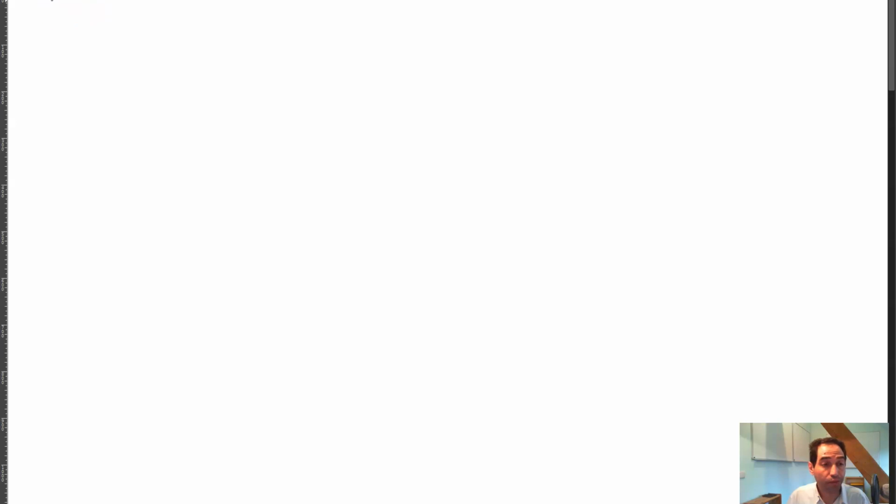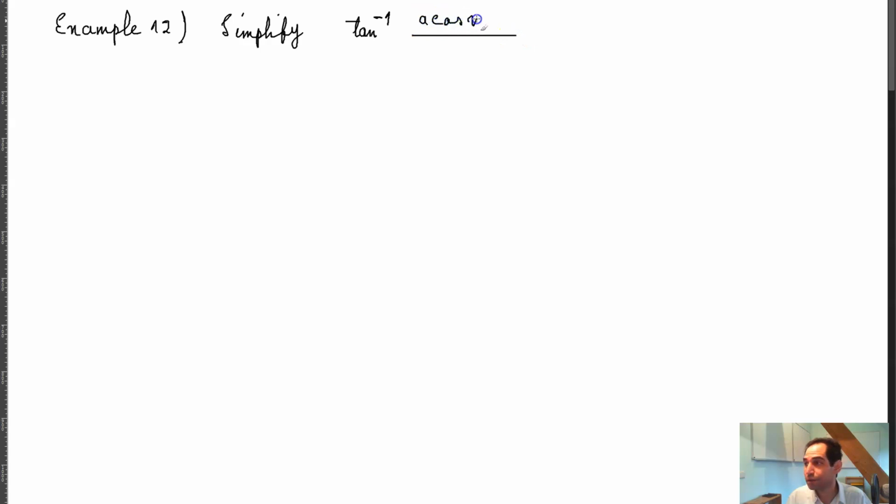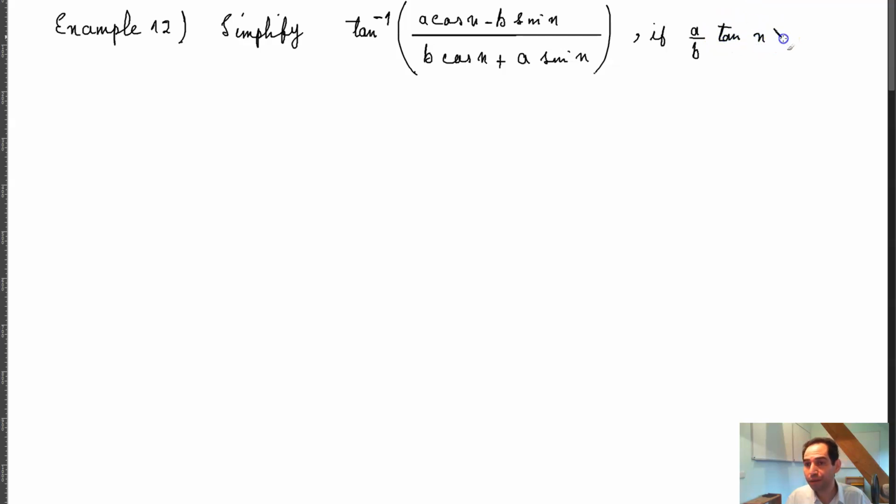So example number 12. Example number 12, we want to simplify tan inverse of (a cos x minus b sin x) over (b cos x plus a sin x), if a divided by b times tan x is greater than -1.